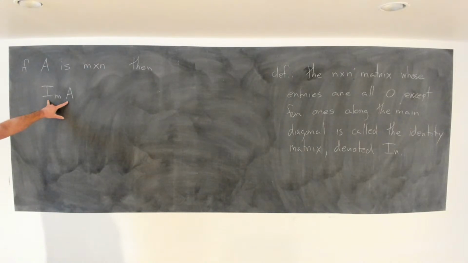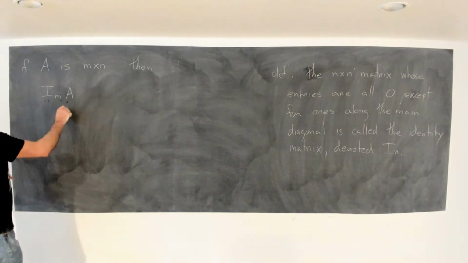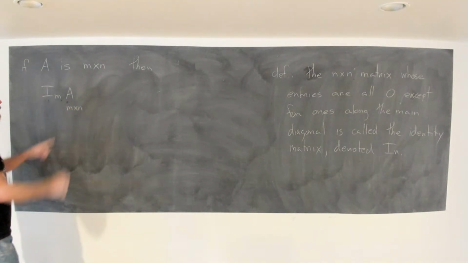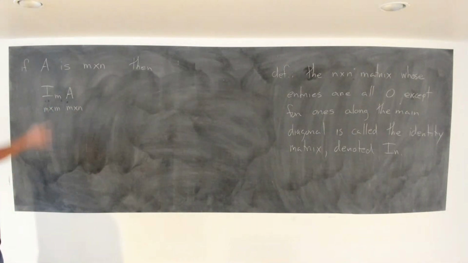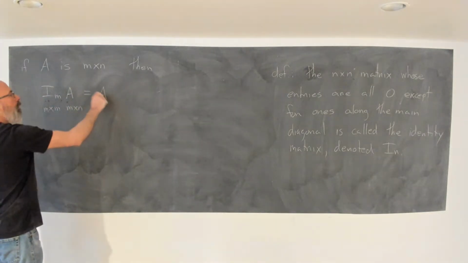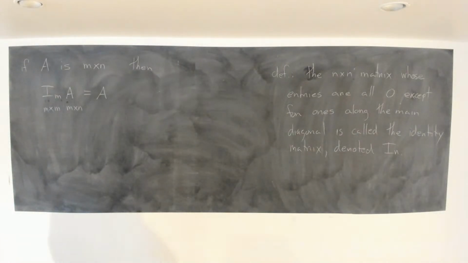If I want to multiply on the left by the identity, since A is m by n, this should be an m here. And this will result in the original matrix.